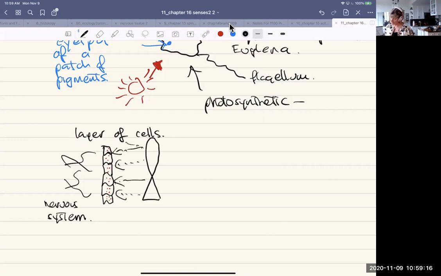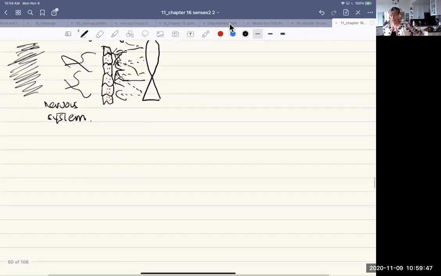This is light coming off the fish, but it's not just hitting one cell. The light from the fish is hitting all kinds of cells in all directions. There's nothing directing the light. This fish is swimming by, and these cells are picking up that something is swimming by. So the image that this animal is getting is probably just a shadow.